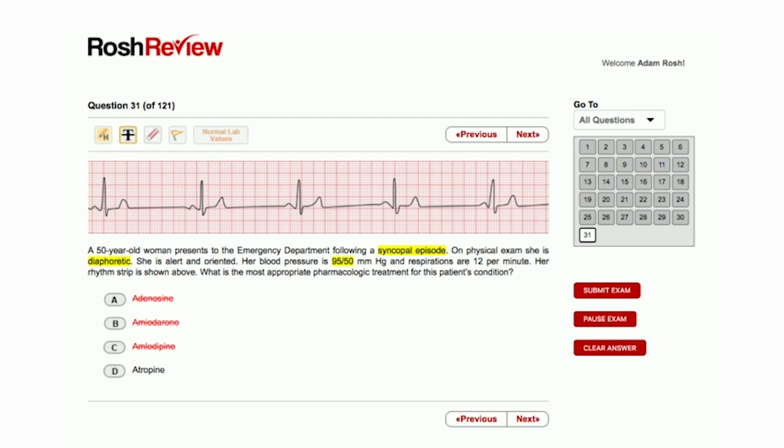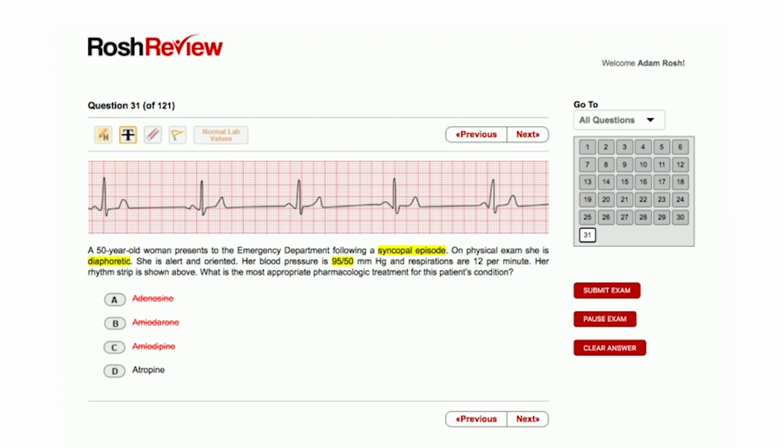There's nothing in this question that refers to beta blockers, that alludes to beta blockers, that even asks you to address anything specifically about beta blockers. So here's a very important test taking strategy that when you have a question, you just have to answer the question for what it's asking and the information it has given you.